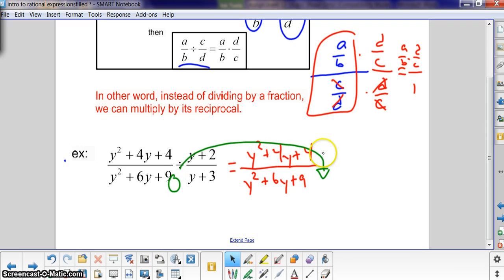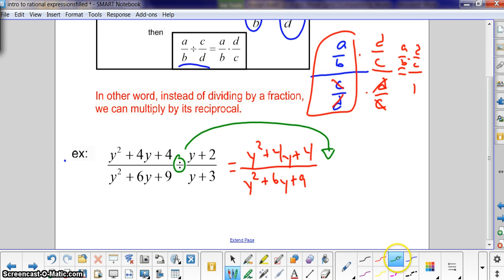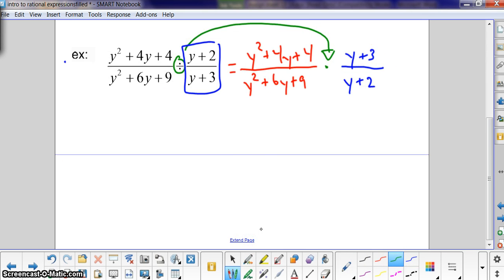So times, and then the second fraction is going to end up being reciprocated. So the y plus 3 is now going to be on top, and the y plus 2 is going to be on the bottom. And now this problem is just like the previous problems where the directions were to multiply. Instead of multiplying, we're actually going to just write it as a single fraction.